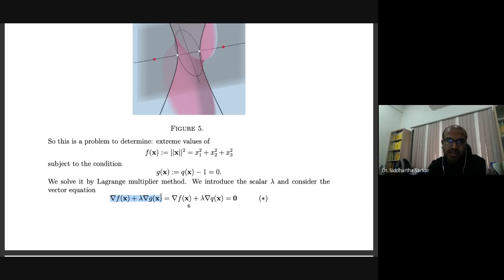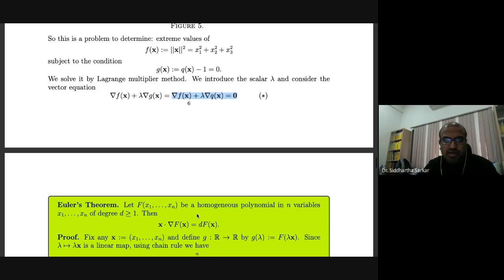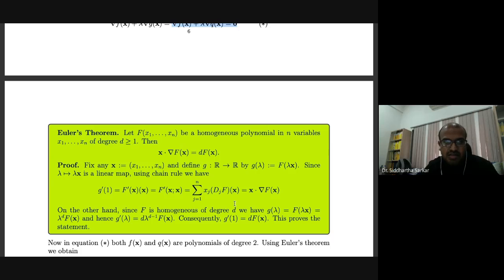Now lambda nabla g(x) is nothing but my nabla Q(x) up to a constant. So my equation turns out to be something like this, the vector equation. Now for this you need a little theorem. I think it's often called Euler's theorem or something.